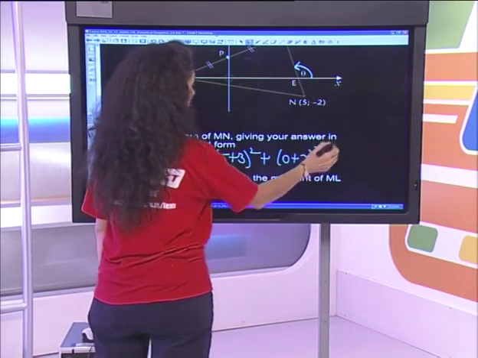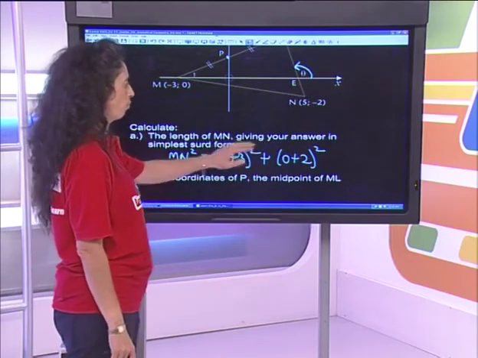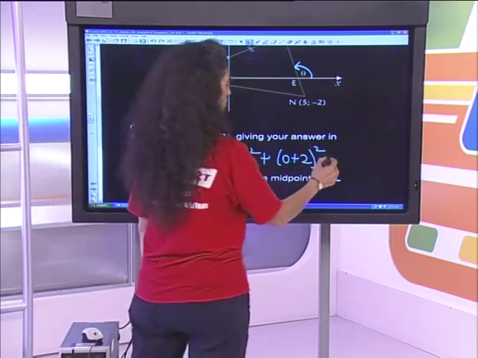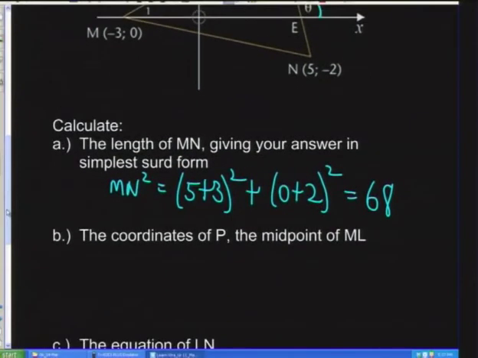And you just simplify that in the squared form. So that would give me 64 plus 4, which is 68. So MN squared is 68. And then your calculators are very bright, and they'll be able to give you that in simplest surd form. So MN would just be the square root of 68.